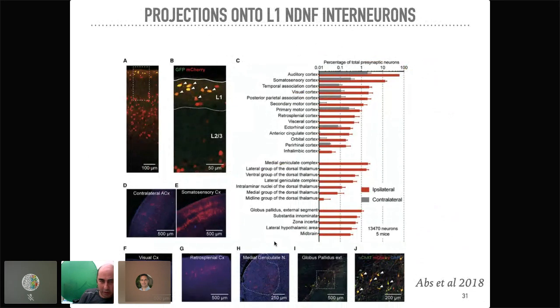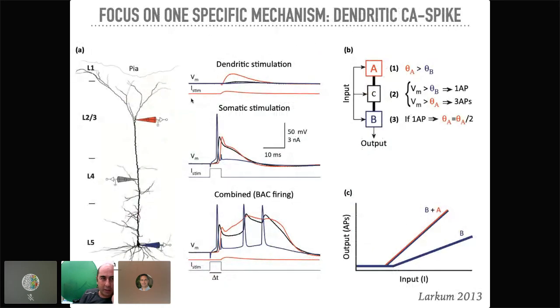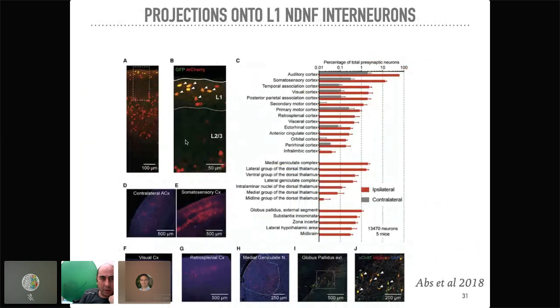And what is interesting about this phenomenon is that the inputs that arrive to layer 1 are a special kind of input. And not everybody appreciates that, but one example was a paper by Abs et al. in 2018 that also used the rabies virus tracing method, but from interneurons that reside in layer 1.